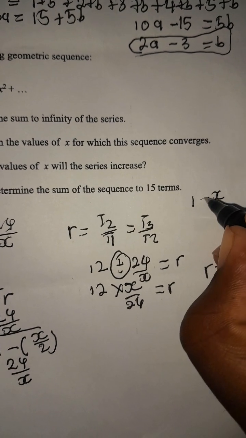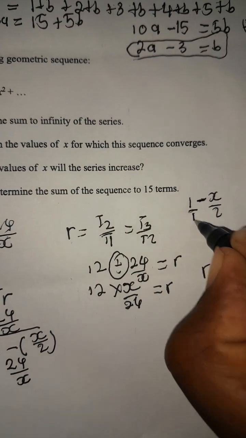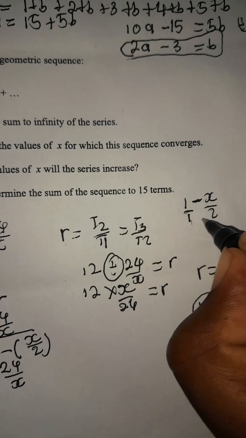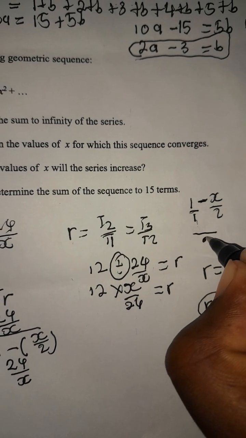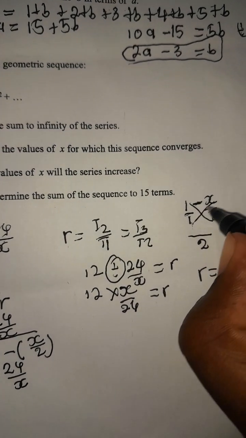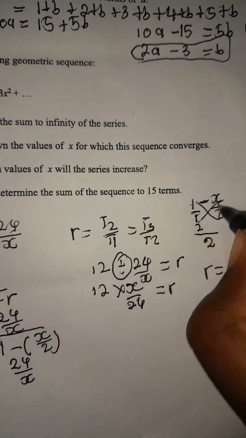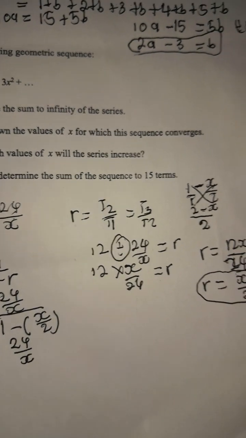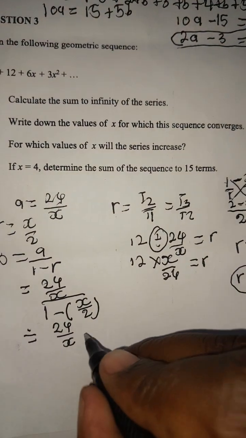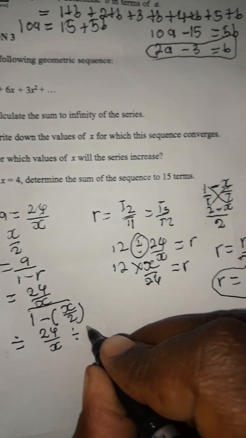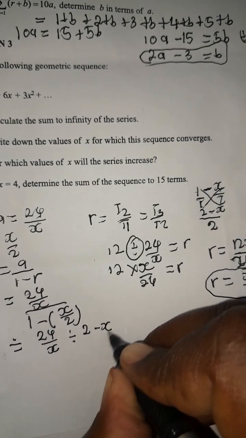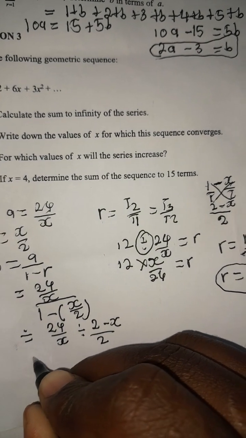It's the same as 1 minus x all over 2, with 1 as the denominator of the first term. LCD is 2. Then cross multiply: 1 times 2 is 2, 1 times x will be x. So we have 2 minus x all over 2.